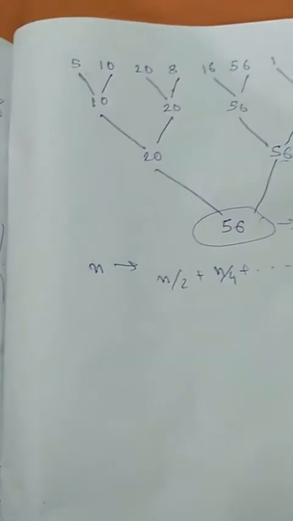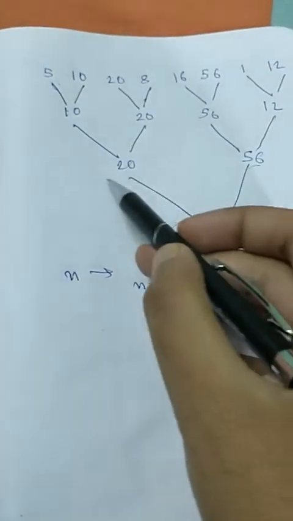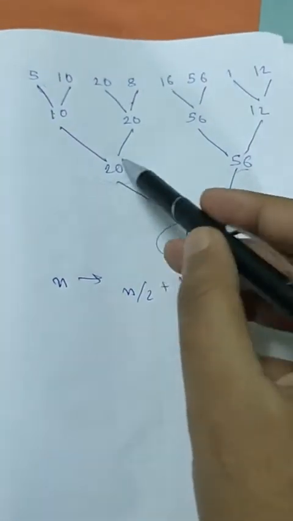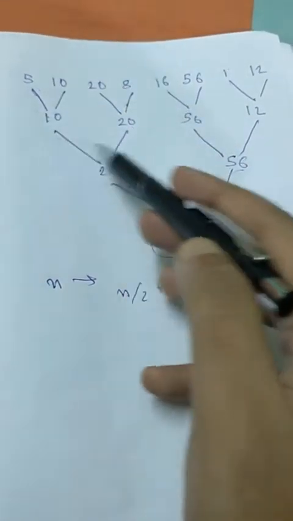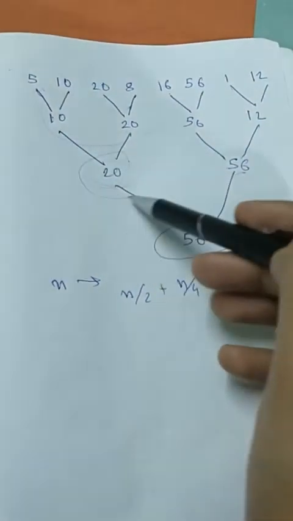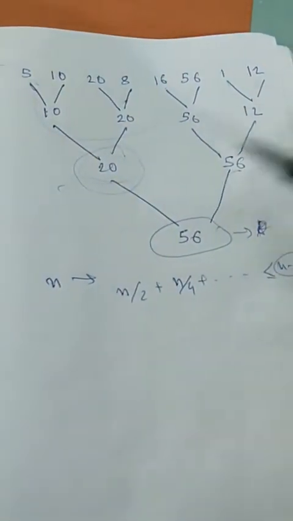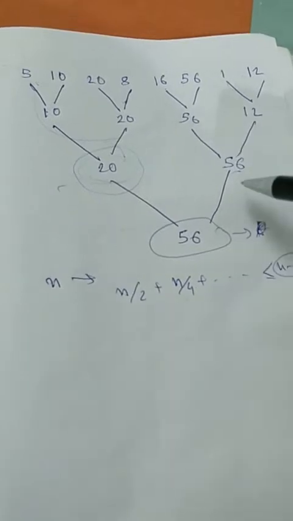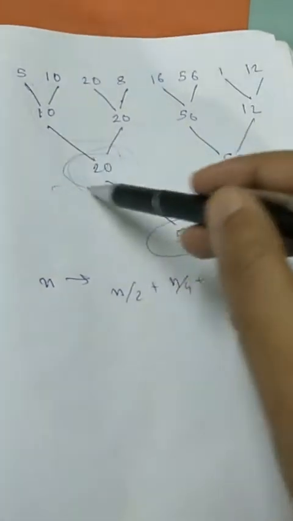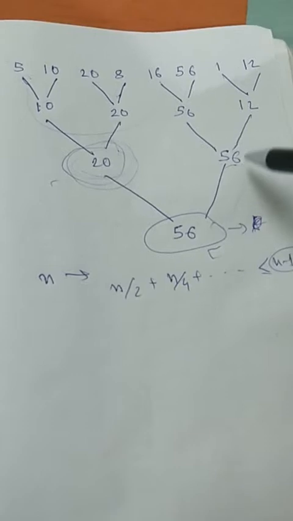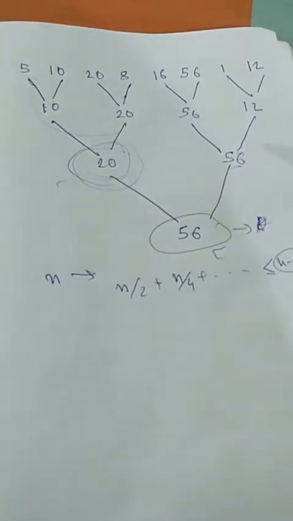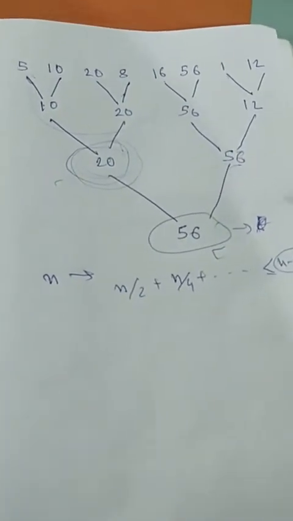The second maximum will be the largest among all these numbers. So the second maximum is either this number or the number which has lost to 56 somewhere. This number has also lost to 56, so all numbers which have lost to 56, we have to check.